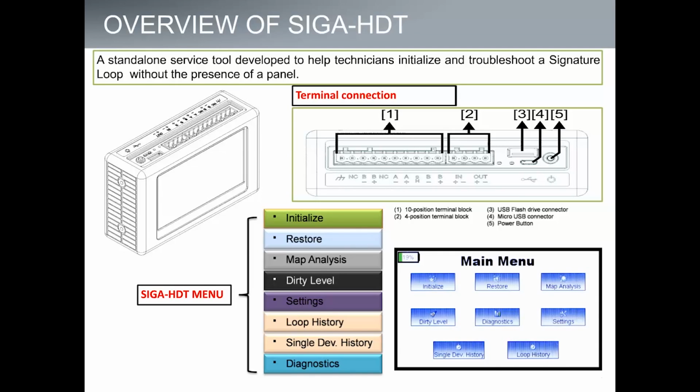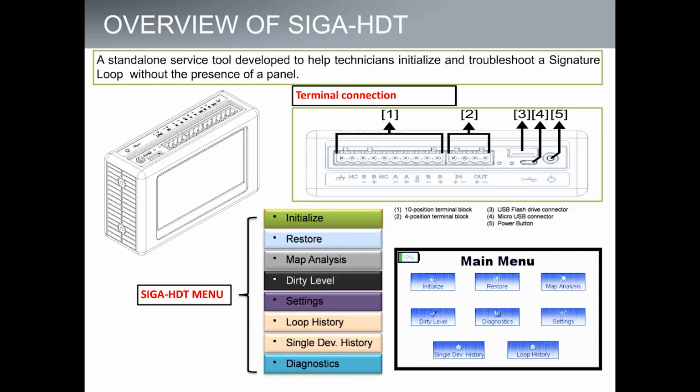So what are the functions of the HDT? It can initialize the loop, which identifies all the devices that are connected to the signature line circuit. It will restore the loop. It can perform map analysis on detectors and modules.